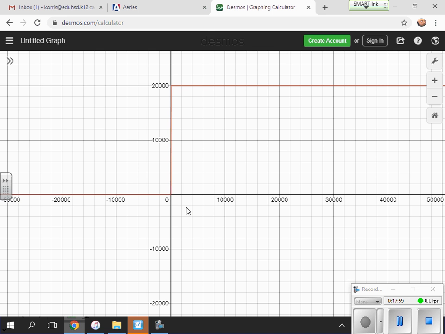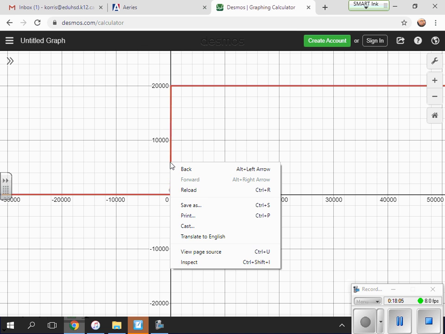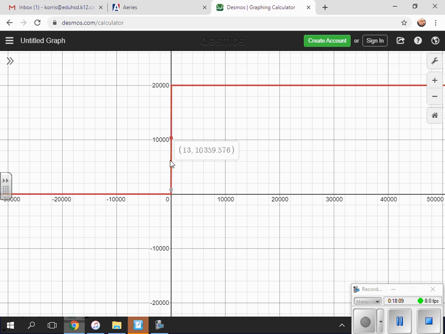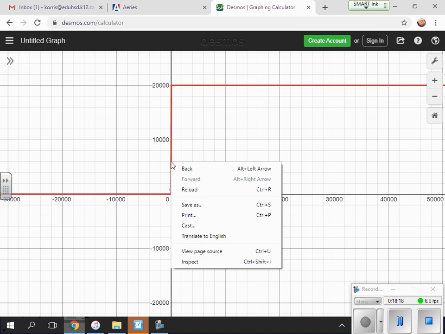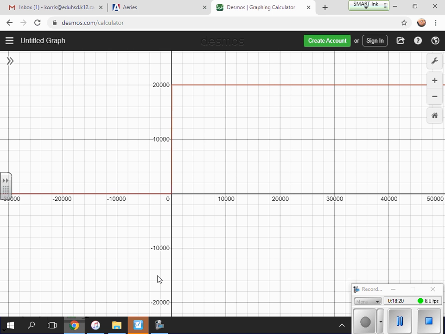So what I need to do is go to 246. It's really hard to do on here. Is it a straight line?